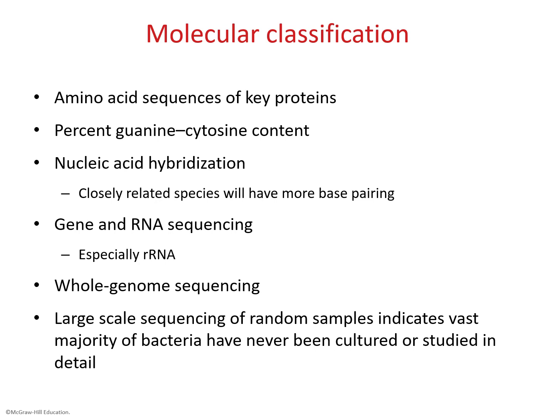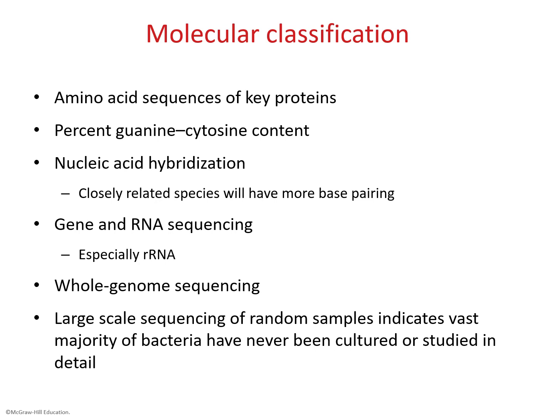Therefore, for bacterial or prokaryotic classification, we can use ribosomal RNA sequences. We also use whole genome sequencing, which is more elaborate. And with larger scale sequencing of random samples, we find that the majority of bacteria and a lot of prokaryotes have never been cultured or studied in detail.